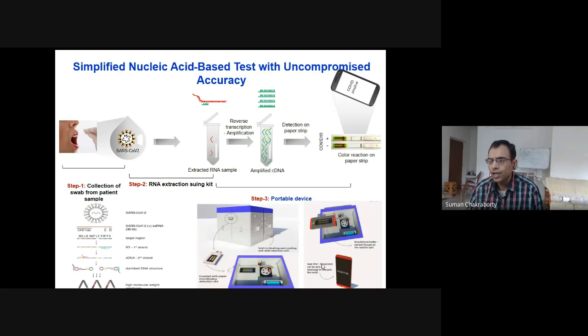In this way, copies of the DNA are produced. This means that to monitor this RNA to DNA conversion, amplification of DNA and detection of DNA, we need a machine which can perform this task, which is known as the real-time PCR machine.